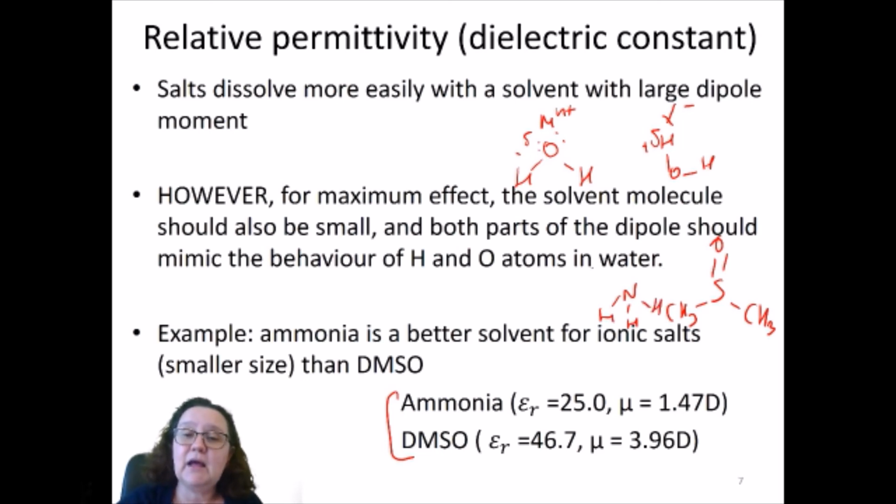So the fact that ammonia is smaller makes it a better solvent, even if the values for the relative permittivity and the dipole moment of DMSO are larger, and therefore in principle one could think that it would be a better solvent for ionic compounds.